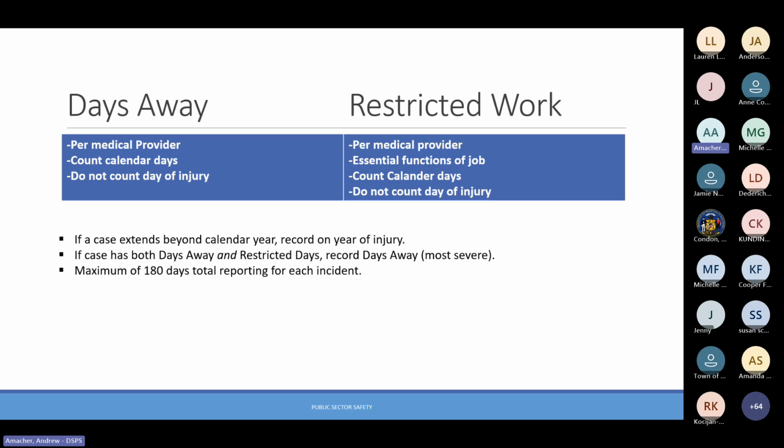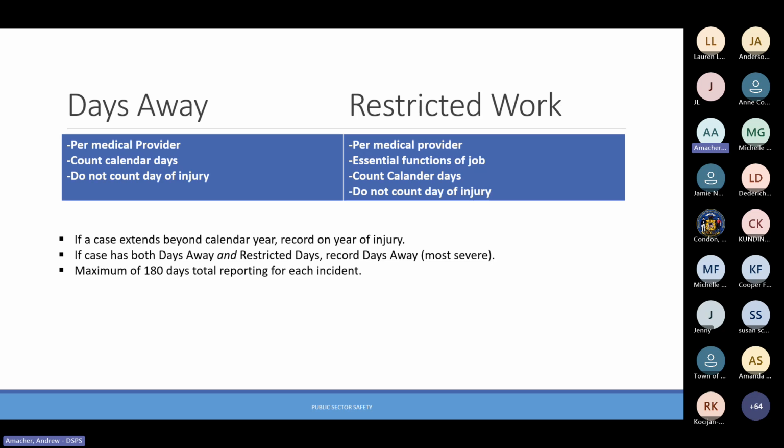So in that scenario, days away from work is more severe than a restricted work requirement, but we still count both. So it would be considered a case of days away from work, but you'd still record 5 days away from work, and you would also record the 10 restricted days too. So always count the most severe type of restriction.